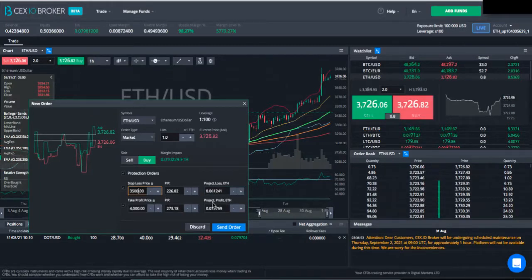I mean, if you're pretty much going one to one, it's pretty even. That's usually not a smart place to trade. You want to trade when the odds are in your favor and you can get at least a 2 to 1 or a 3 to 1 ratio in terms of your profit level.